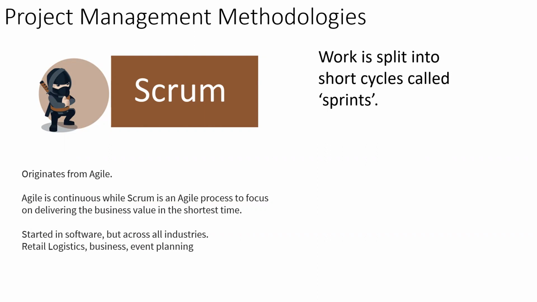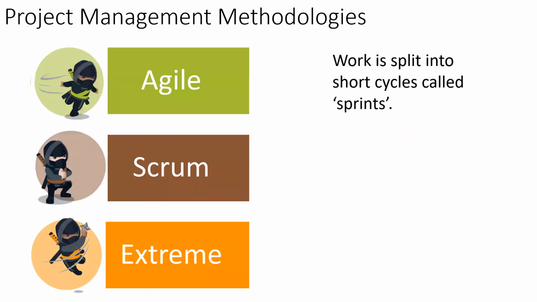Agile is quite sort of continuous cycles, whereas Scrum focuses on delivering that business value in a short space of time. It also started with software, but it's now used across all industries: retail, logistics, business, event planning, and also I've got friends who use it in the financial field as well. It really can be across many industries.